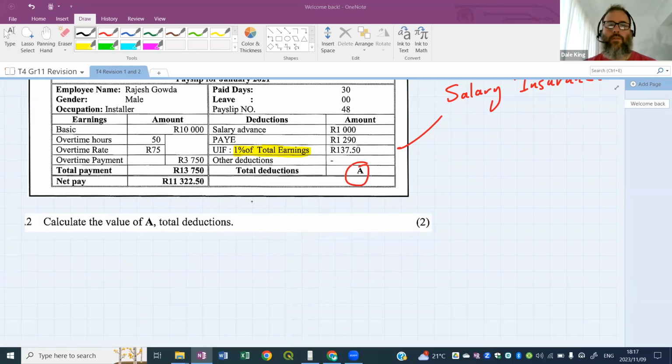All right, good. We're getting some answers coming in. Very good. Emmanuel, I just noticed something. This was in my term 2 exam. This exact question and this exact pay slip.